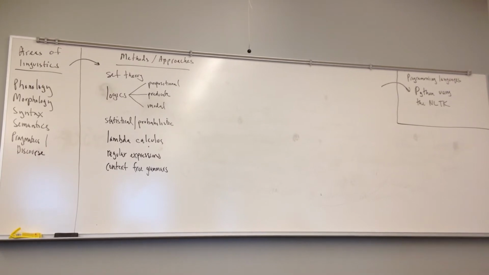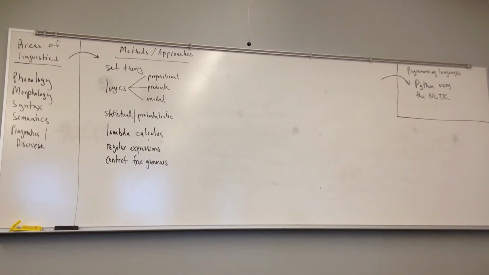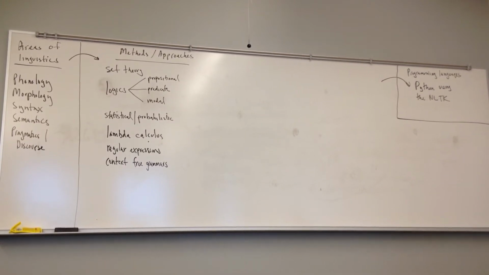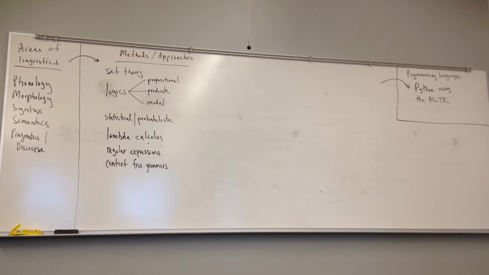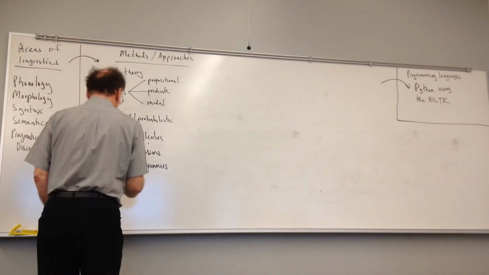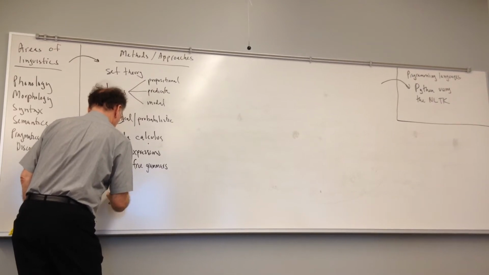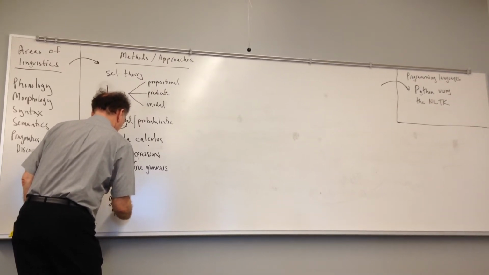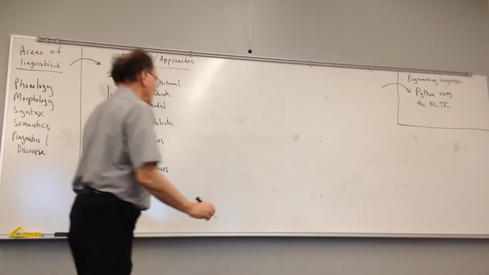Okay, so we have at our disposal set theory, logic, predicate modal, statistical probabilistic methods. We've got lambda calculus, regular expressions, context-free grammars. Now, these are some general, okay, general approaches. Okay, let's go into further elaborations.